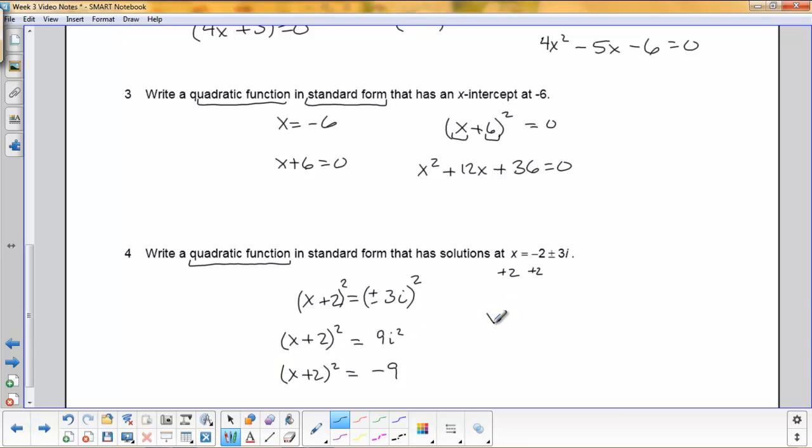So a is x, so a squared plus 2 times a times b plus b squared. And that's going to be plus 9 equals 0, just moving the 9 to the other side. So now I'm going to simplify by combining like terms, and I get x squared plus 4x plus 13 equals 0.